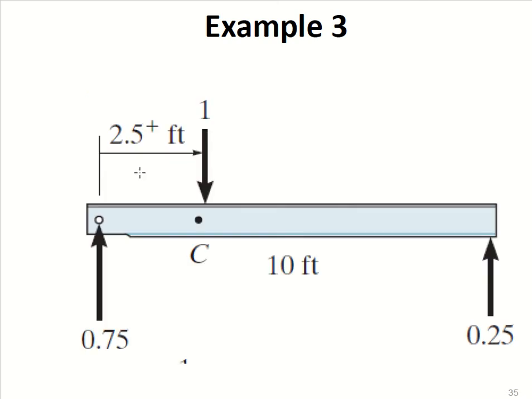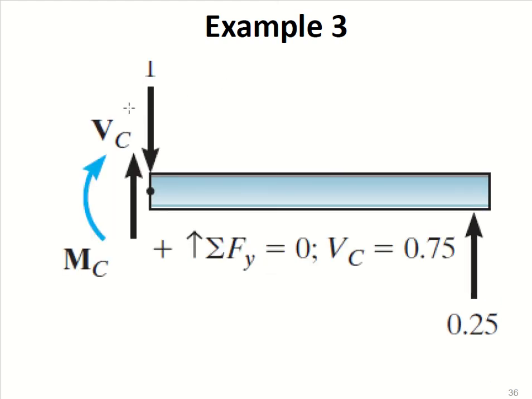Now when you are including the applied load, okay, for example this is the case. See, everything is the same, you have just included this one unit load. So summation of Fy, the same equation. Now 1 is downward, so minus 1 plus Vc plus 0.25, so Vc is equal to 0.75.